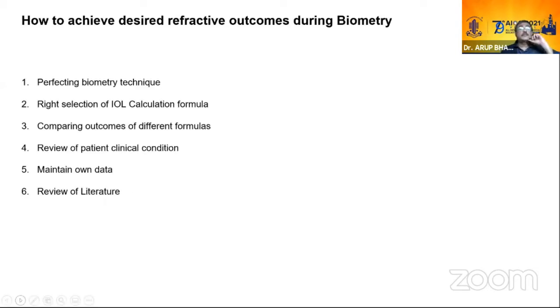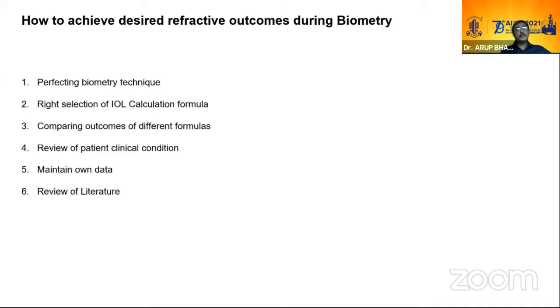How to achieve the desired refractive outcome in case of biometry? You have to have a perfect biometric technique. Your technique must be very right. Selection of IOL calculation for each case, and compare outcomes of different formulas for the premium IOL.